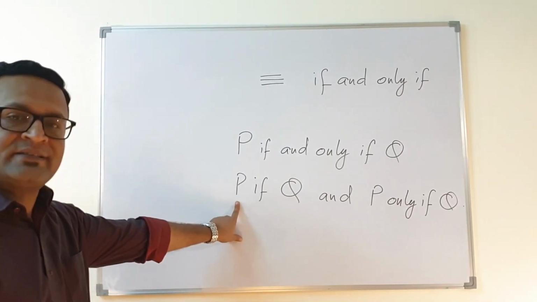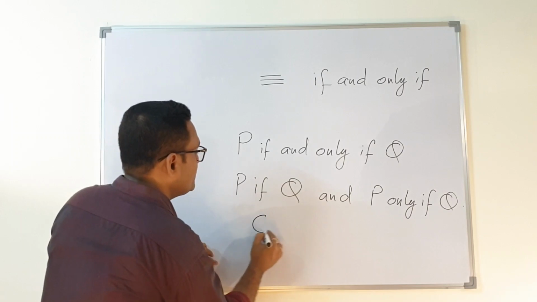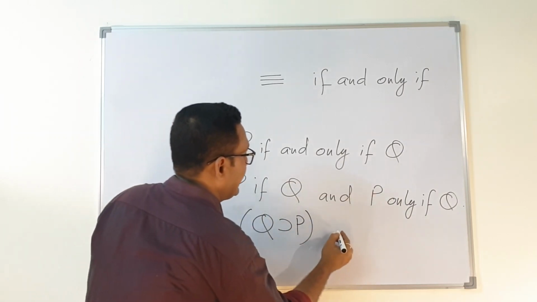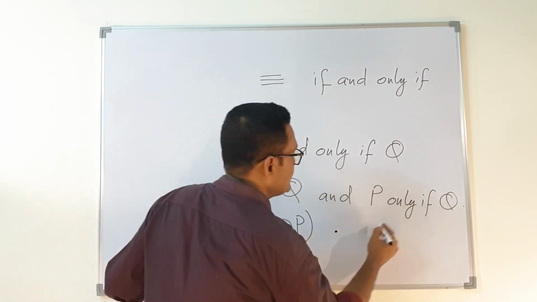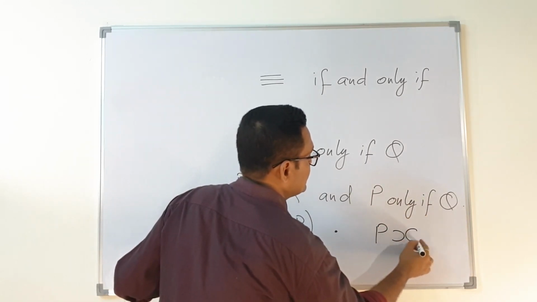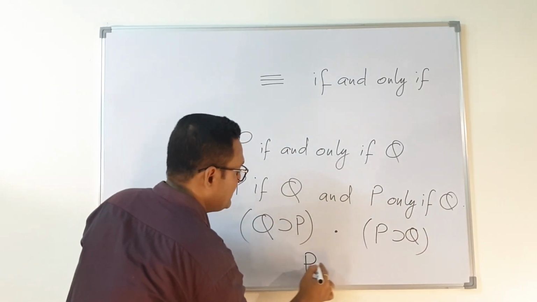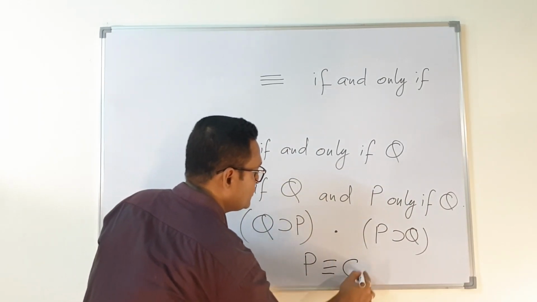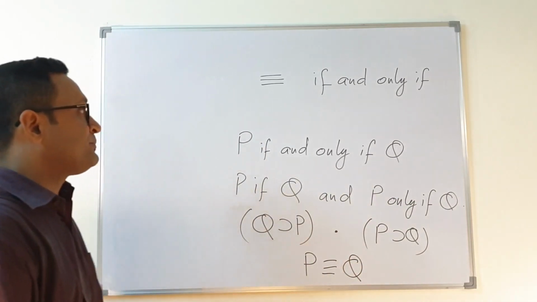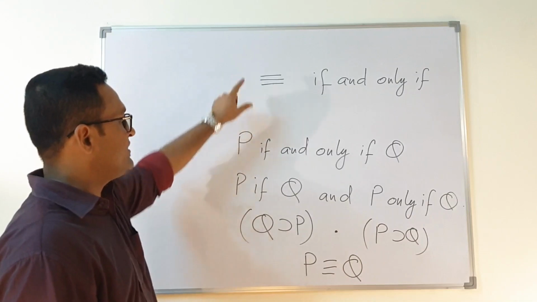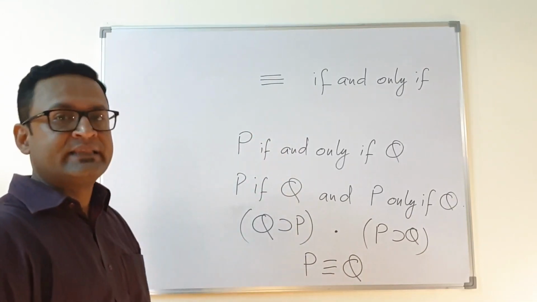Now you know the symbolization of this. It is Q implies P, and it is P implies Q, and this expression becomes P triple bar Q. So if and only if, which is an equivalence condition, is represented in this fashion.